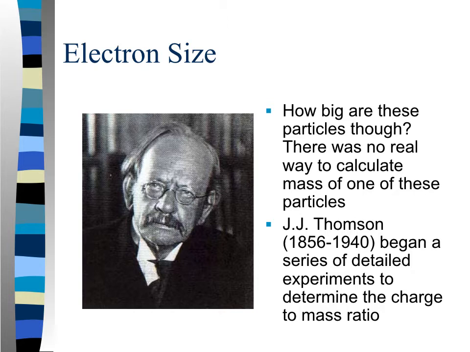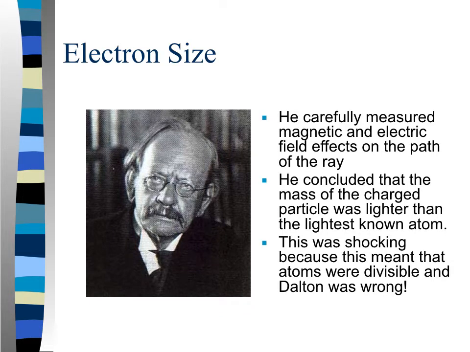J.J. Thomson, who lived between 1856 and 1940, began a series of detailed experiments to determine the charge to mass ratio. So depending on how charged it was, did that determine the mass? What was the ratio to the mass?